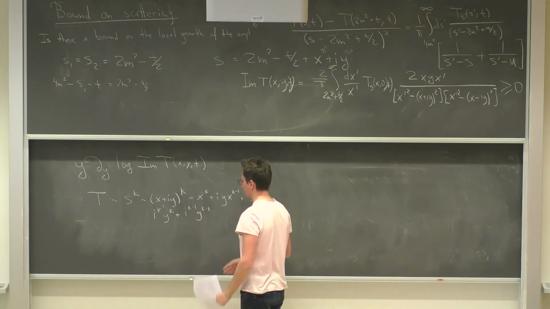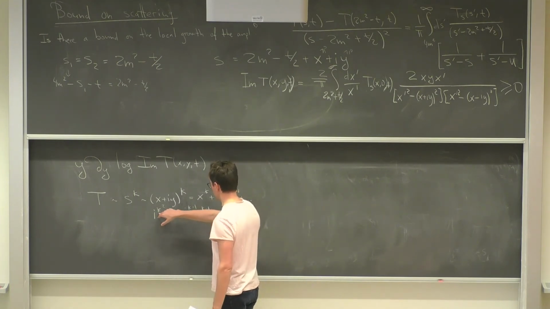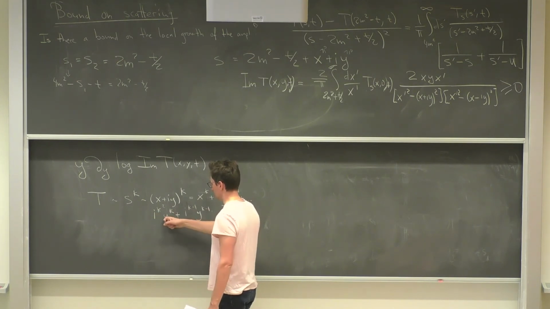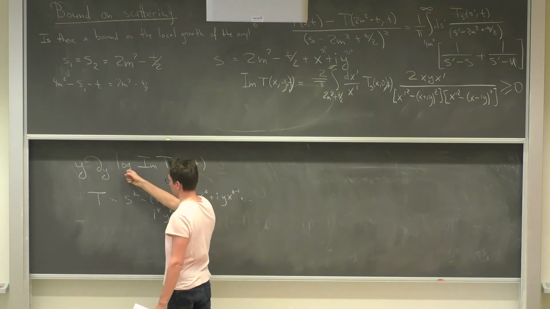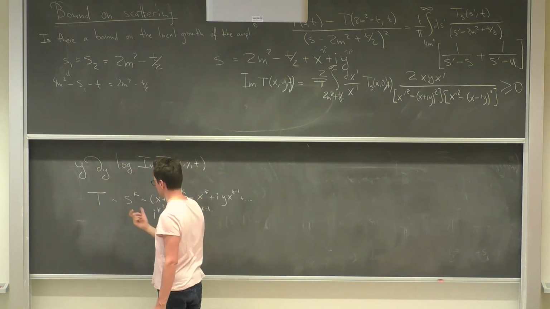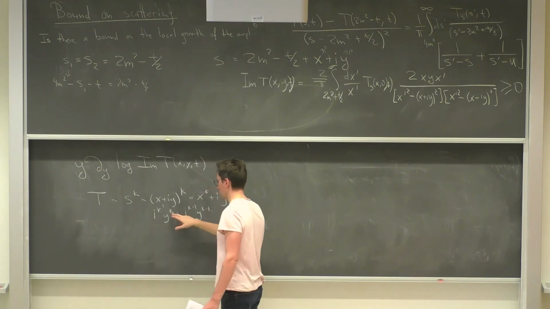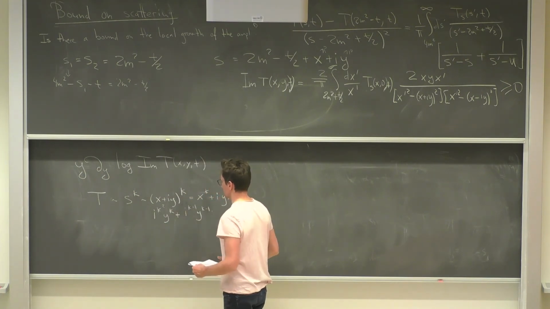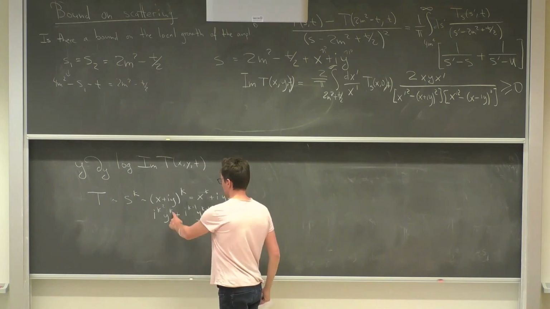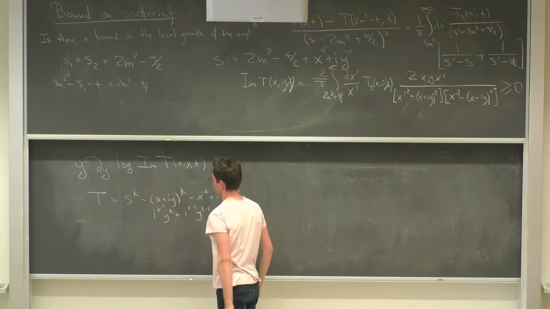And so let's say k is equal to 3, for example. Then you get here y cubed, and when you take the log of y cubed and differentiate dy y, you get k, which is 3. That's why this is a reasonable thing to do.